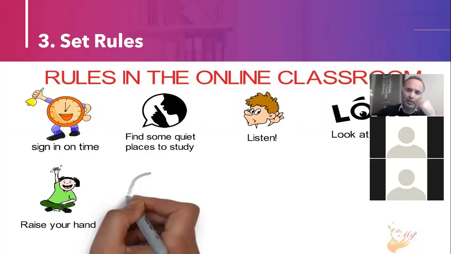After a few days, when you think that the list is complete, you change the editing role to viewing role only, so that no one can come and make a mess with the rules that you have already created. Setting rules can do magic, and these rules can be about punctuality, handing in assignments, even dress code. Because it's online, some students are taking it easy and they are not so careful about their clothing.